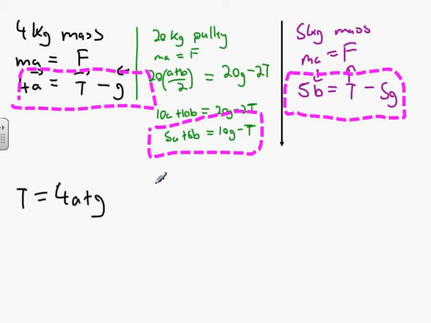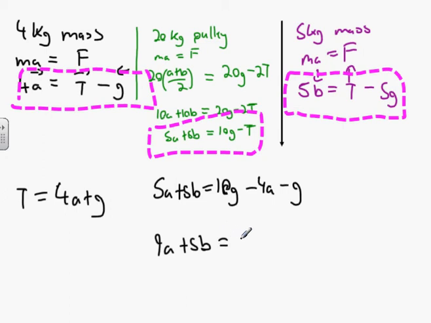So it's going to be 5A plus 5B equals 10G minus, now minus T will be minus 4A minus G. Going to bring the 4A over the other side. I'm going to get 9A plus 5B equals 9G.